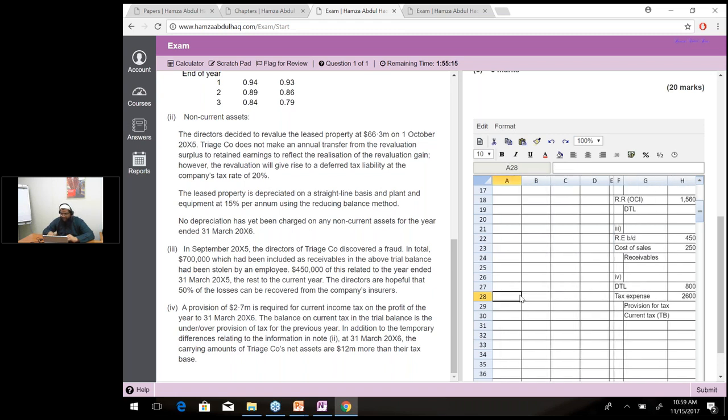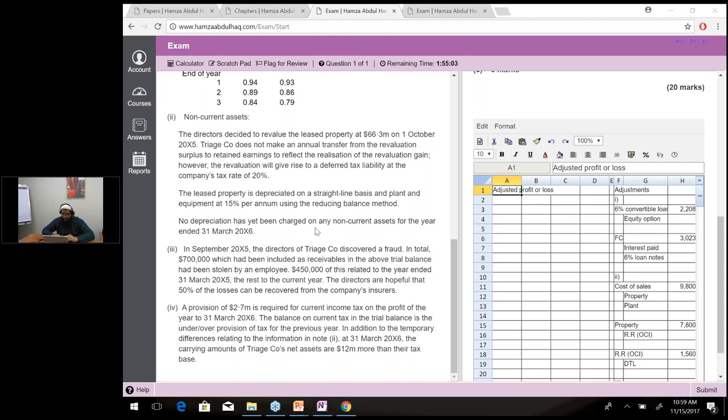Okay, now let's calculate the final requirement of the question, which was to calculate the adjusted profit or loss. Ahmed is saying, so shouldn't we compare 3960 with 3200?